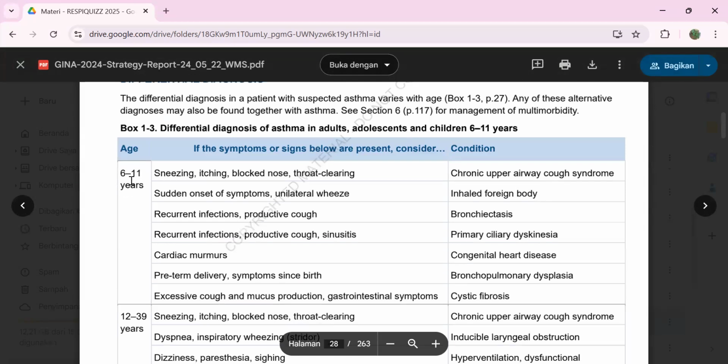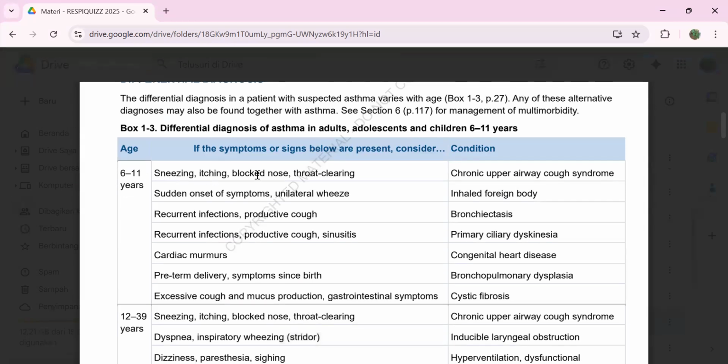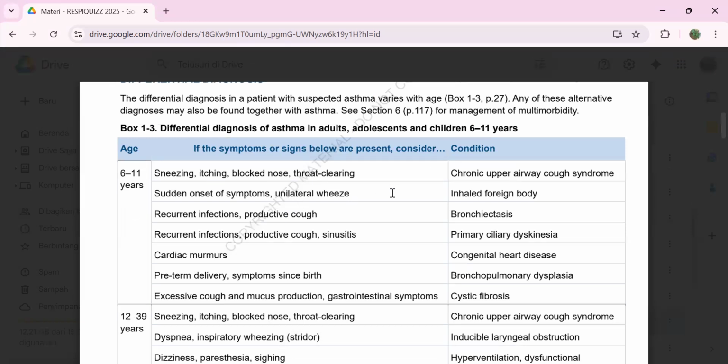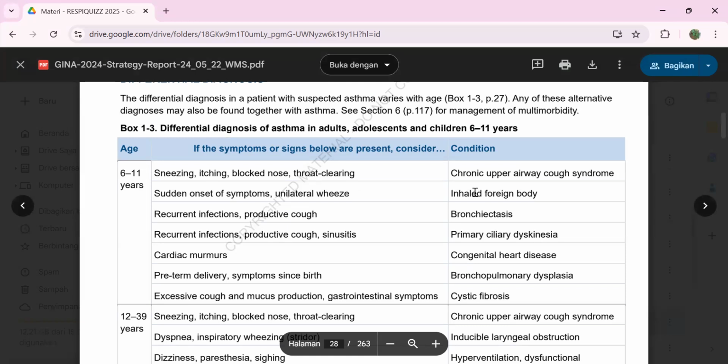In age 6 to 11, if the symptoms are sneezing, itching, blocked nose, and throat clearing, we should think about chronic upper airway cough syndrome. Sudden onset of symptoms and unilateral wheeze, we should think of an inhaled foreign body, which usually obstructs the right bronchus.